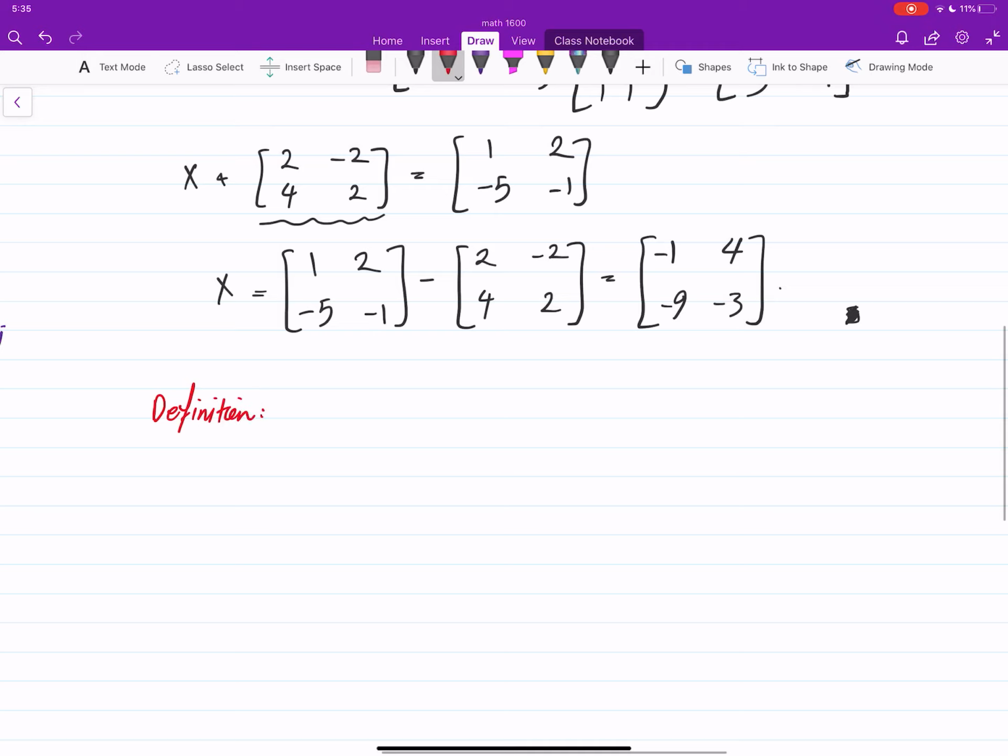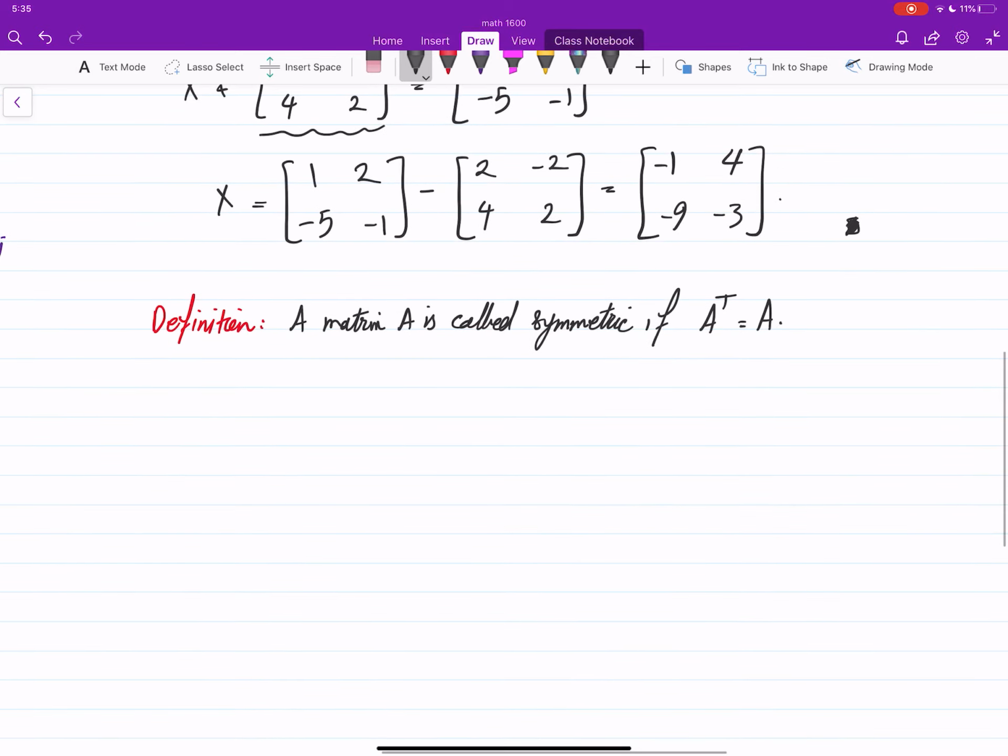So, definition: a matrix A is called symmetric if A transpose is equal to A. One thing to note here is that every symmetric matrix is a square matrix, isn't it?